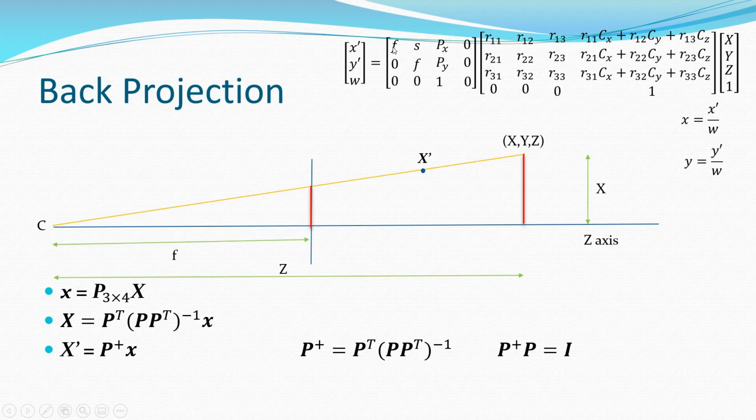The rows over here are fewer, there are 3 rows, but there are 4 columns. So the number of equations is less than the number of unknowns, hence this is an underdetermined system.